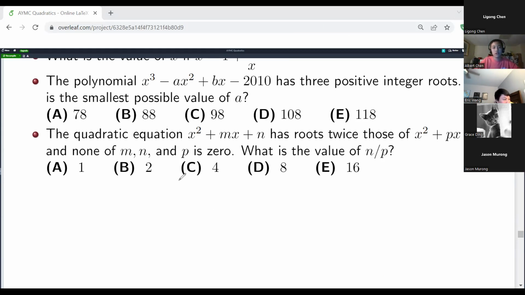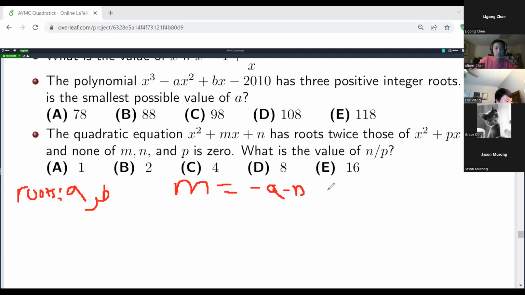So let's call the two roots a and b. That means that m, according to Vieta's formulas, is equal to negative a minus b.